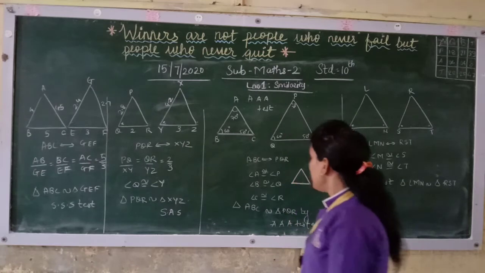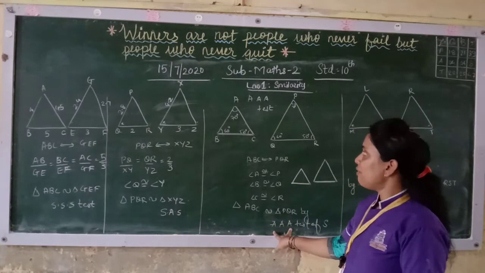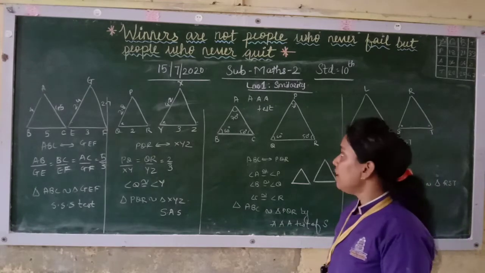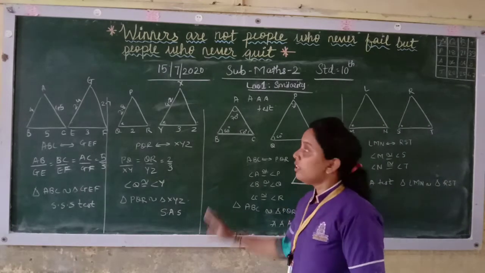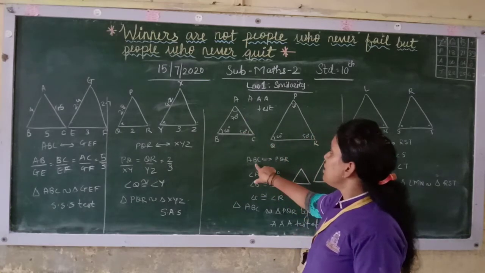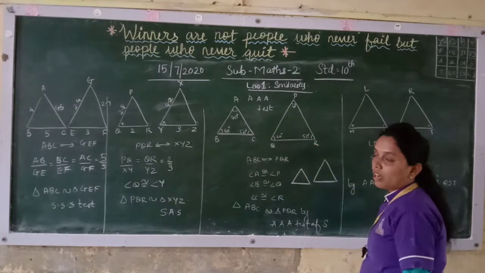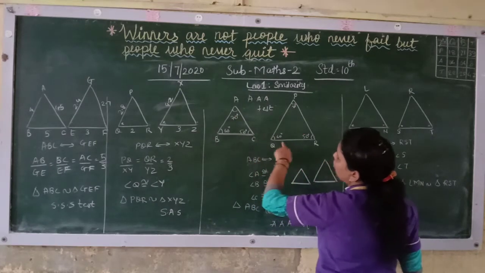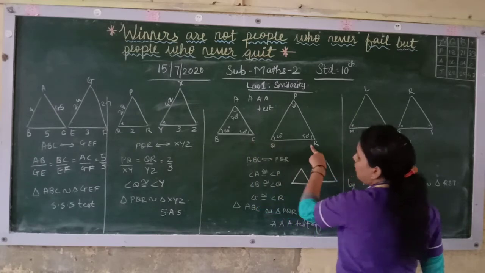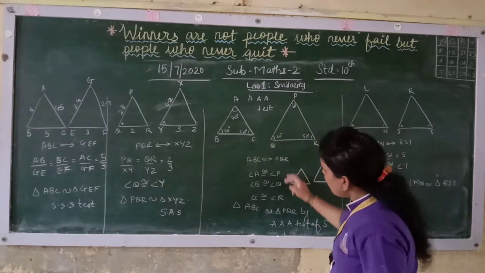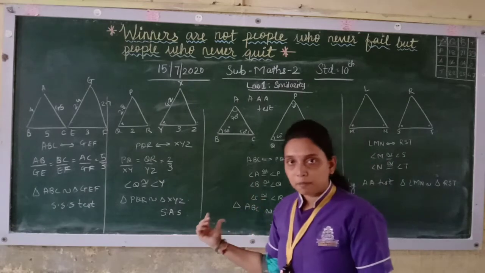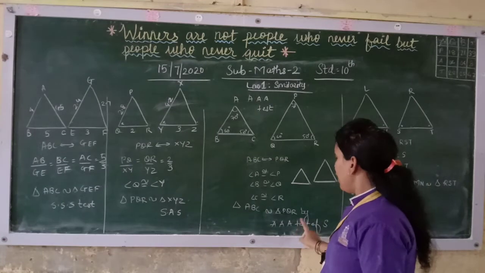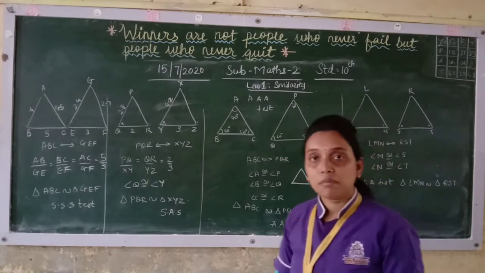Now in this, first we have the AAA test, that is the angle test of similarity. In this you need to show only that if ABC is in one-to-one correspondence with PQR, then angle A is congruent to angle P, angle B is congruent to angle Q, angle C is congruent to angle R. If you can show all the three angles are congruent, then both the triangles are similar by the AAA test of similarity.